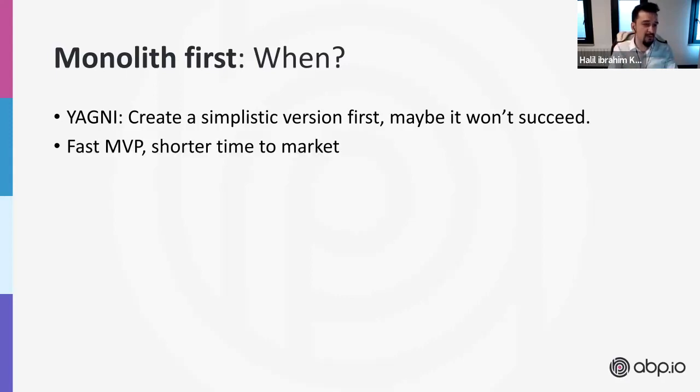If you want to create a fast MVP product and go to market in a short time, then it's also good to start with monolith. Otherwise, making such a microservice system ready for production will take much longer.